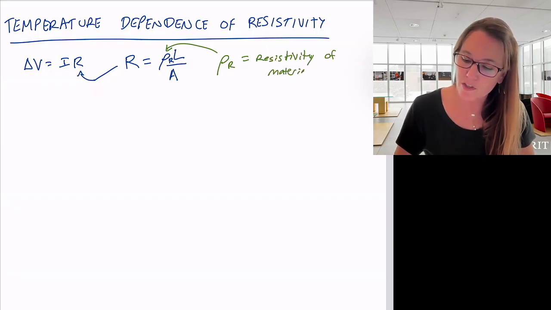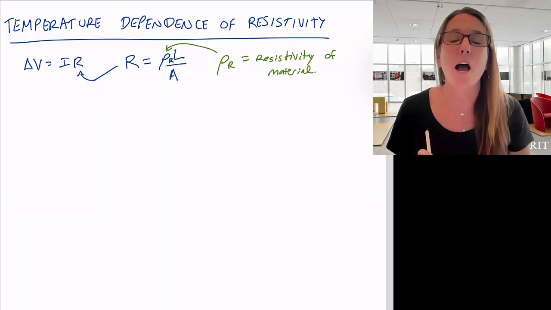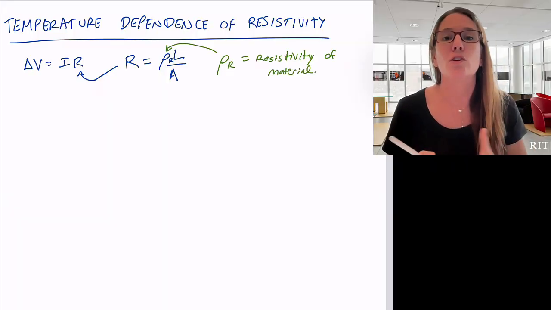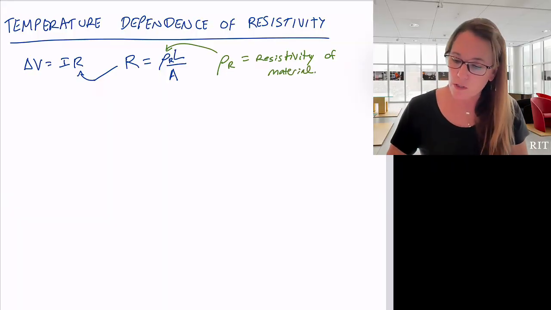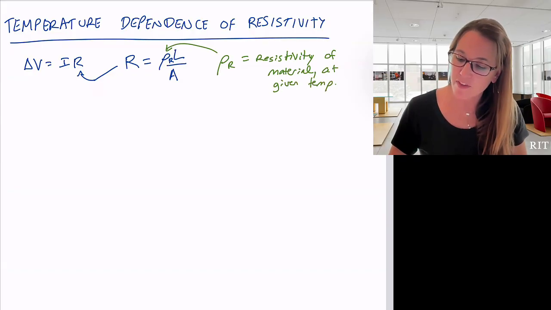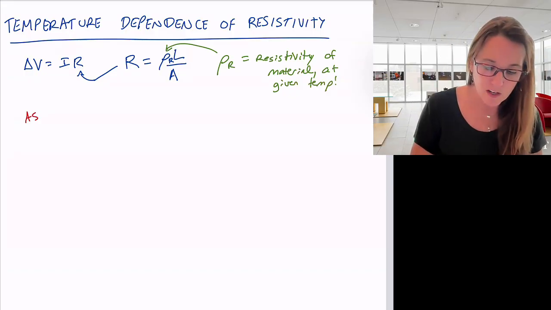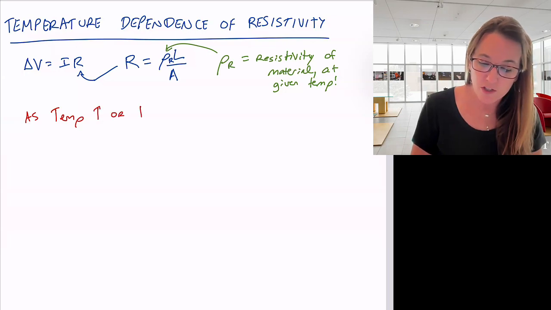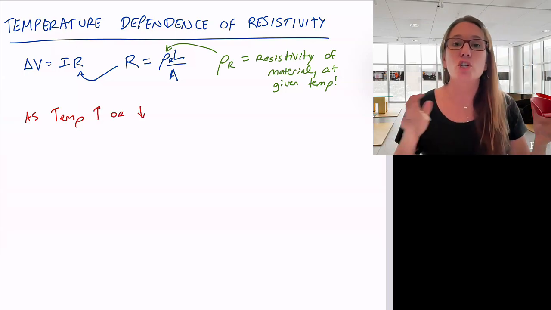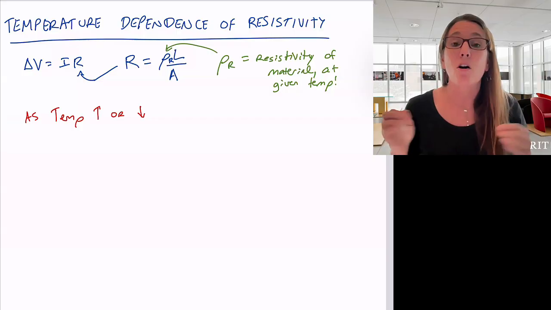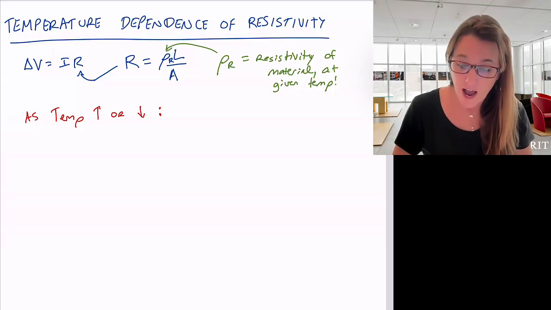But what we hadn't talked about yet is what about if the material changes temperature? So this is going to be the resistivity of the material at a given temperature. Because as you increase or decrease temperature, you're actually changing the speed of the atoms.